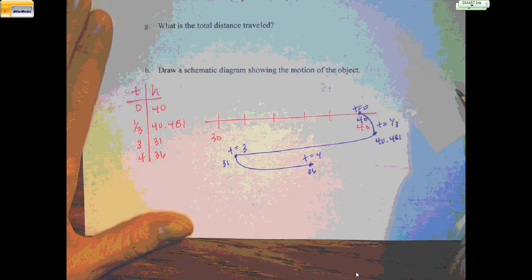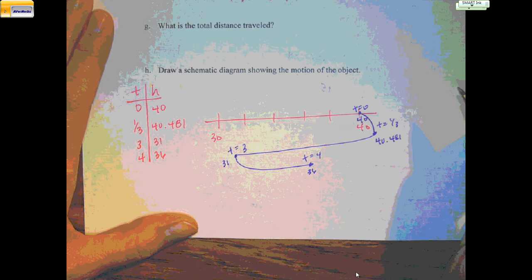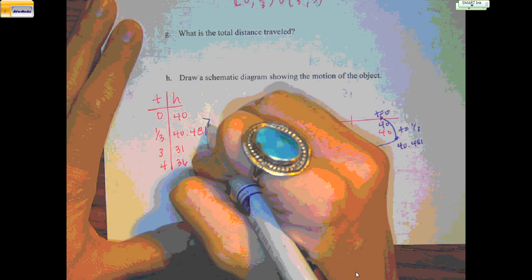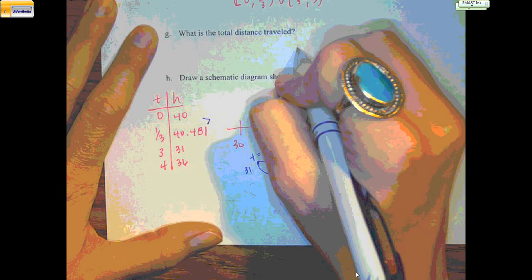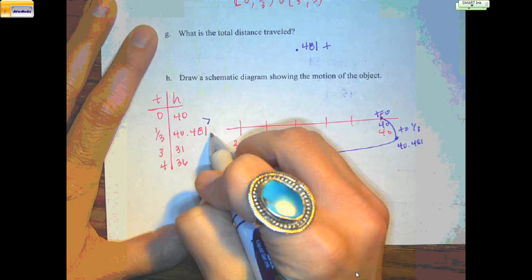So total distance, I'm going to look at how far it is from 40 to 40.481, which is 0.481. And the distance from 40.481 to 31.